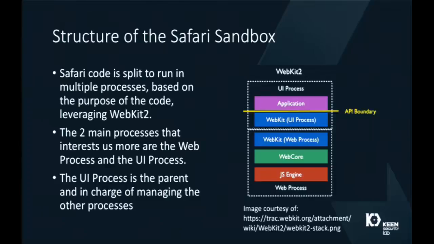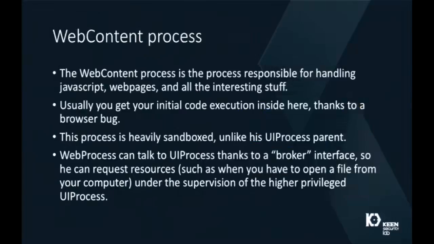So, as you can understand, the web process is the one handling the biggest part of untrusted content, and the UI process is just in charge of managing the other processes of the browser.